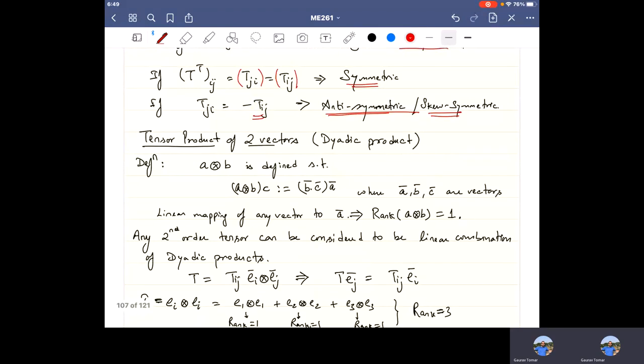Now we can write the tensor product of two quantities, which we call the dyadic product.